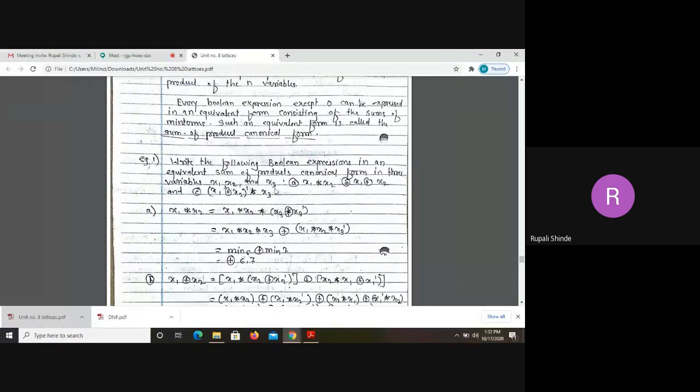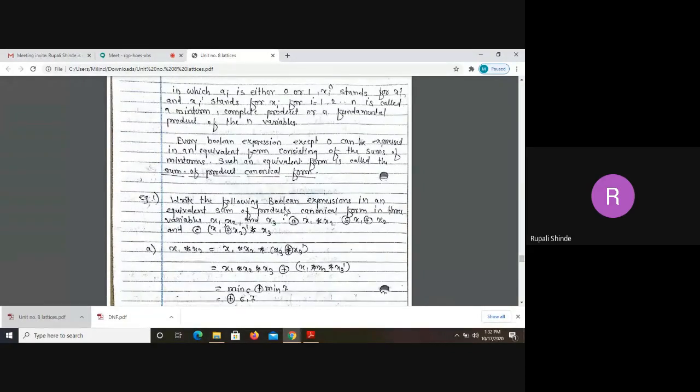They have clearly mentioned that we have to express the given Boolean expression in sum of product canonical form, and that should consist of three variables x1, x2 and x3. The first one they have given is x1 star x2.